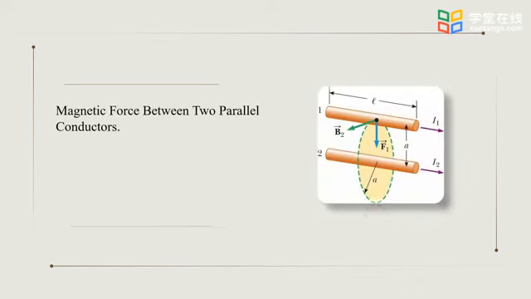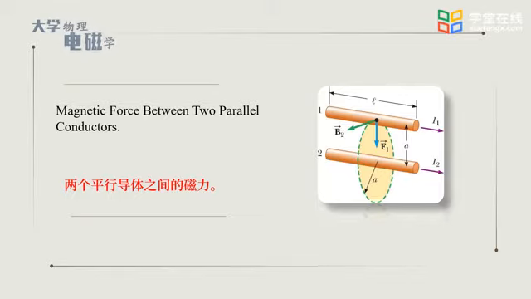There are two parallel wires separated by a distance a and carrying currents I1 and I2 in the same direction. Here we treat wire 2 as a source wire carrying the current I2 and wire 1 as a test wire carrying the current I1. First, we could compute the magnetic field B2 created by the current I2.